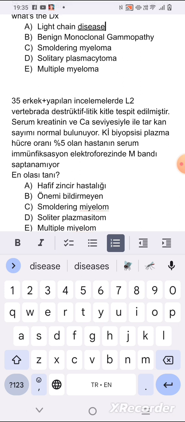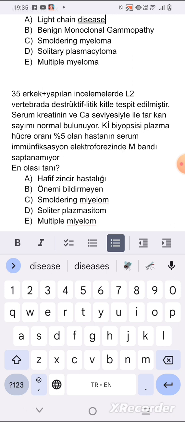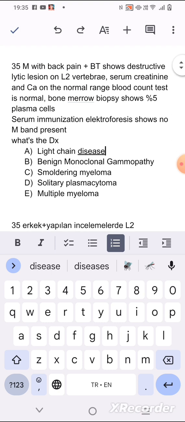Next is solitary plasmacytoma, which by its -oma tells us that it's a mass, right? Solitary plasmacytoma is our diagnosis here, because the only abnormal thing we have in this case is that he has a lytic mass on his L2 vertebral area, right?